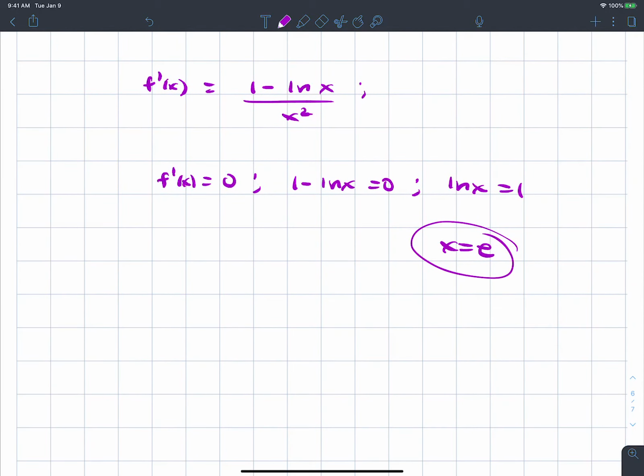Now, the derivative does not exist, so we focus first on this numerator being 0, right? And that gives us the value of x. The denominator being 0 now, that means x squared is 0. Well, that means x has to be 0 here too.